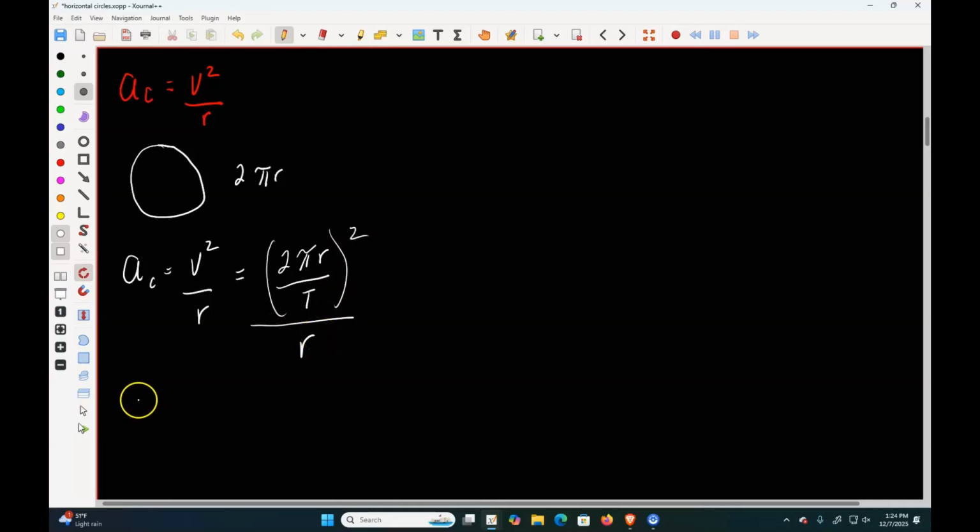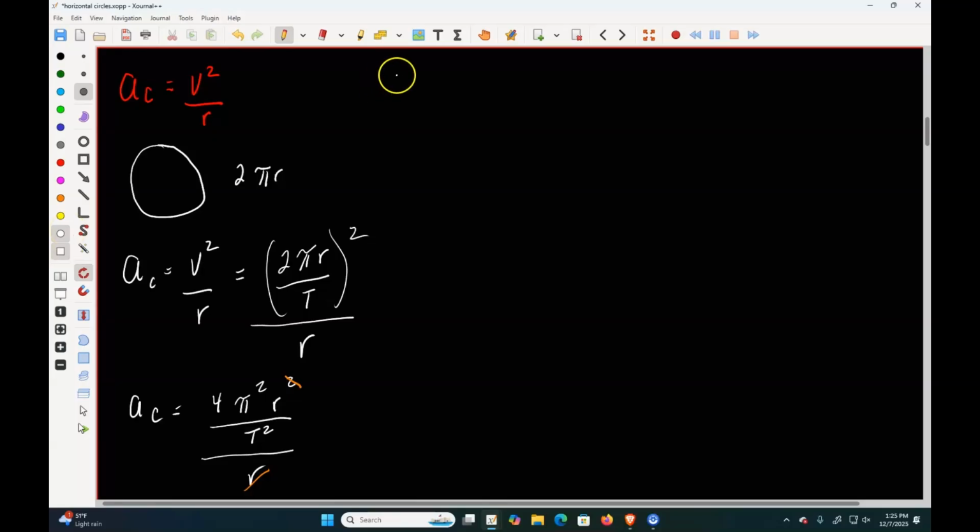So then I can say that the centripetal acceleration is equal to 4 pi squared r squared over T squared, over r. This r and this r squared cancel.